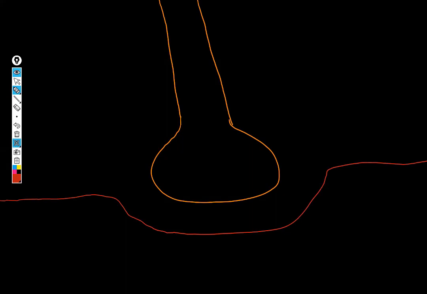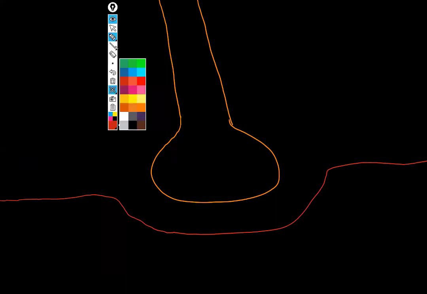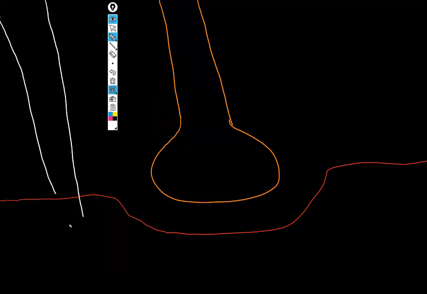Keep that nice and simple. And then I'm going to also, the way that membrane potential is measured is you take a glass electrode and you poke it through the cell membrane.